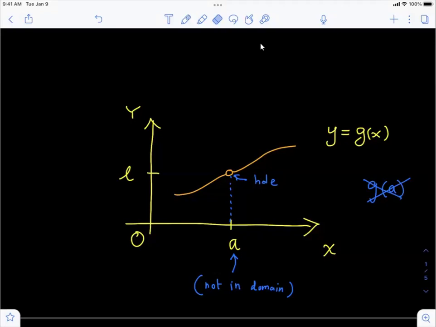So what are we going to do? Are we going to throw this entire function in the garbage? Maybe not, right? Because yet this function has a lot to talk about, especially if you cannot see what's happening exactly at point a, yet you can think about what's happening around.